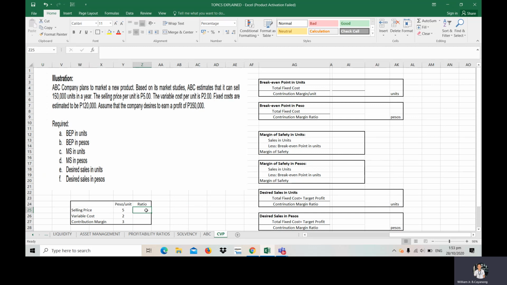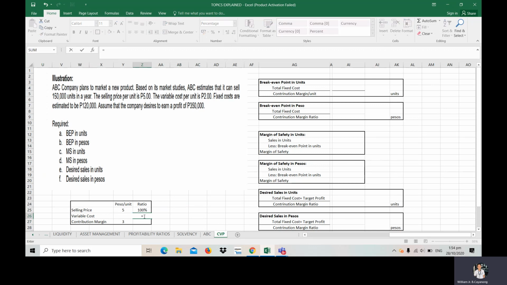What if we are going to have it as a ratio? So, the selling price will be 100%, while the variable cost of 2 pesos, to get the percentage, you need to divide 2 by 5.